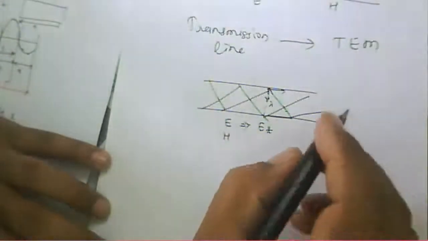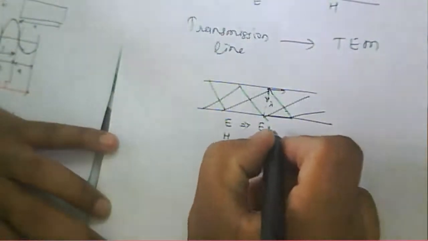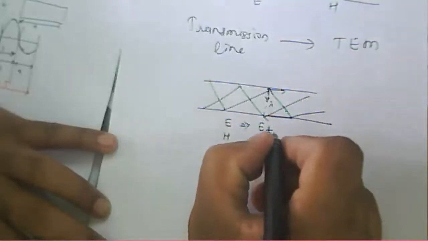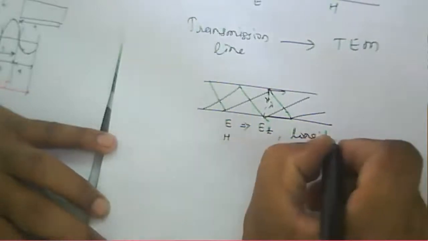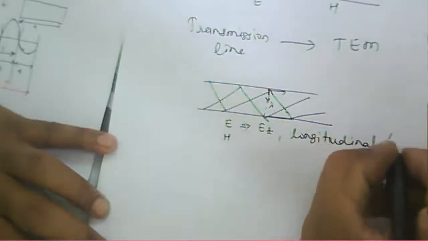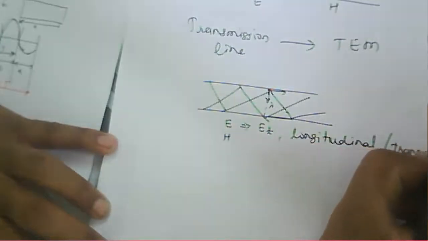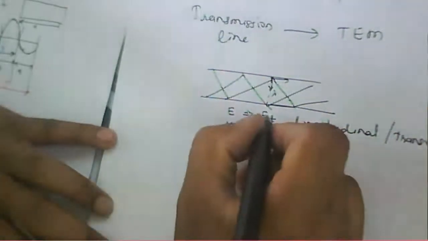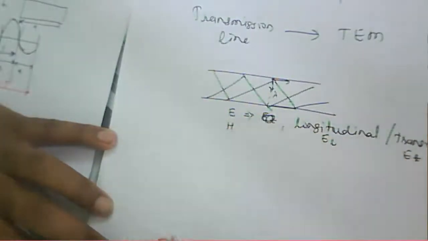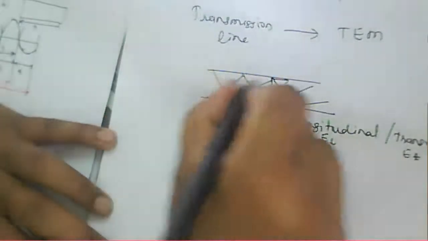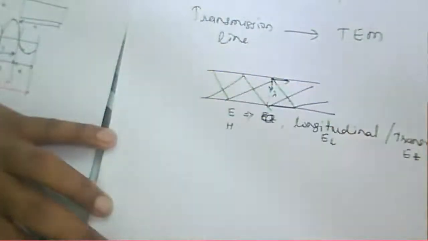Similarly, in a field there will be a transverse component and a longitudinal component. Longitudinal, in terms of a guide, is nothing but a tangential one.